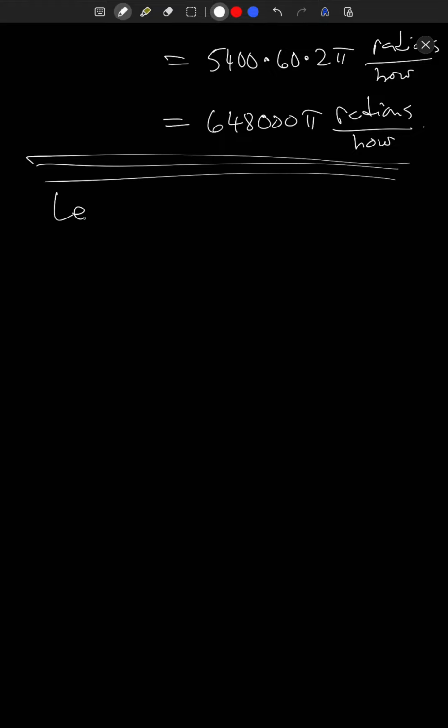Now we have a second concept, which is linear velocity. And this one here is much closer to what we usually think of when we think of the word velocity. This is actually how far you've traveled, right? So this is over time, right?